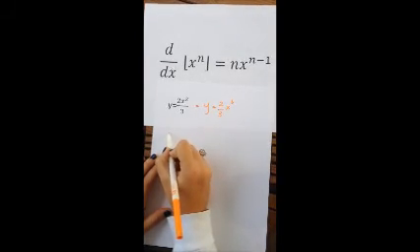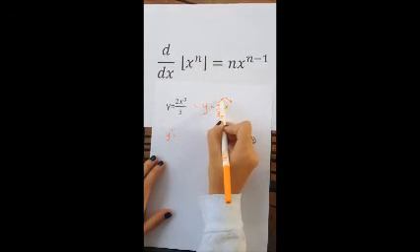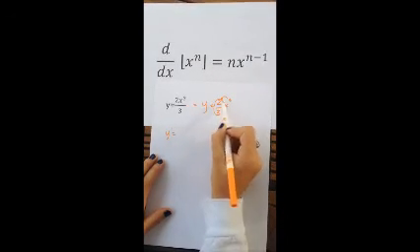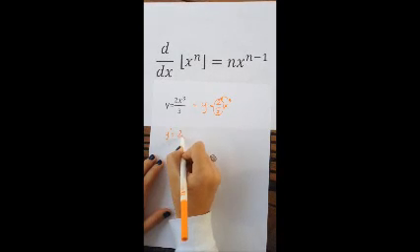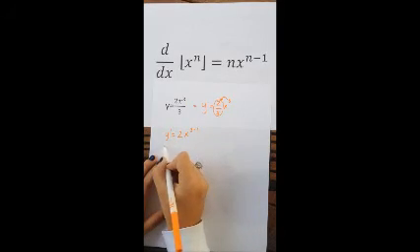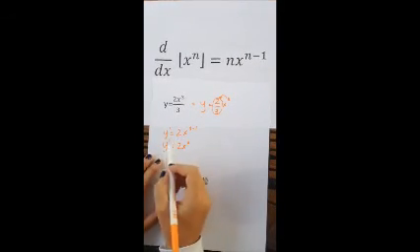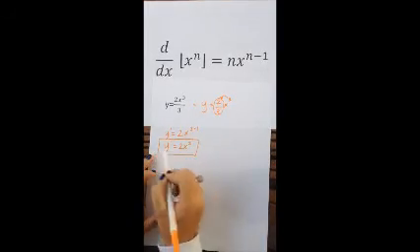Either way works. So y prime equals, you multiply this 3 by the whole fraction. So that's going to give you 2x to the 3 minus 1. Y prime equals 2x squared. And there's your derivative for that one.